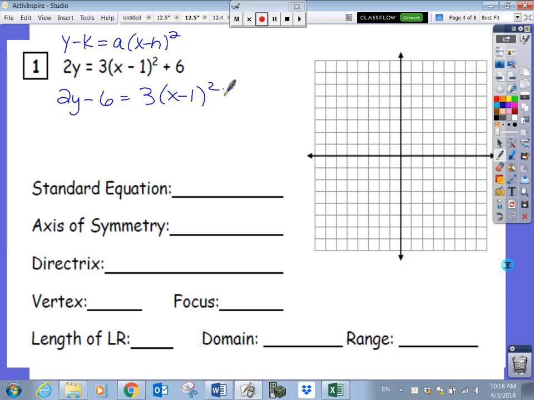The only way to get rid of that 2 is divide by 2. As long as I divide everything by 2, then I can do that. And then I have standard equation. y minus 3 equals, and then this is where I pull my a out, 3 over 2 times x minus 1 squared. So there is standard equation. We didn't have to complete the square, we just had to rearrange a little bit.